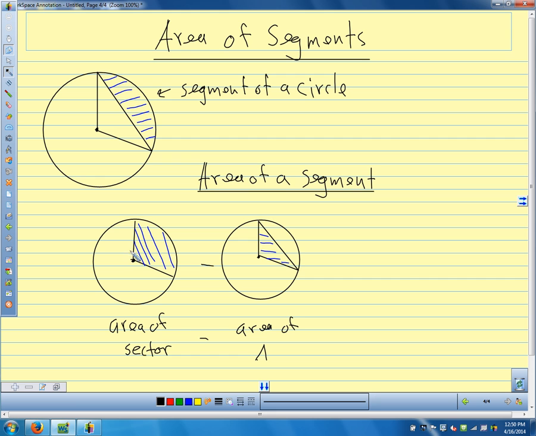So the area of the sector minus the area of the triangle equals, that's going to give us the area of the segment. And I'll shade that.